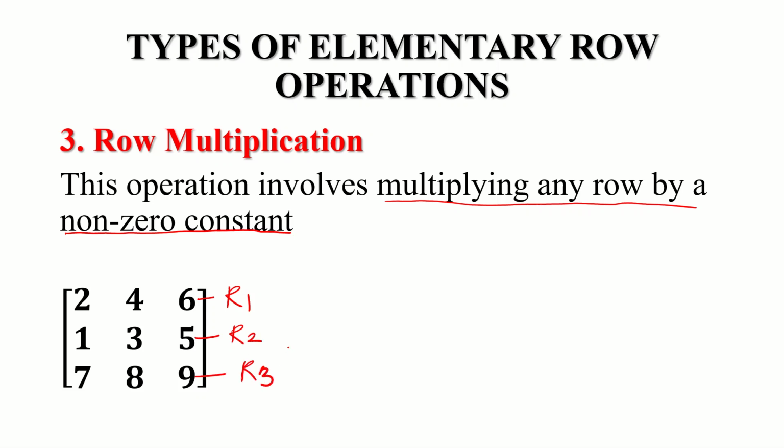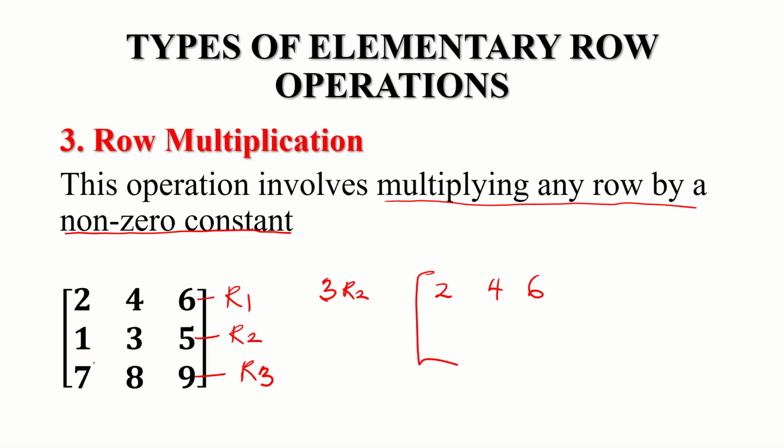Now let's assume we want to multiply row 2 by 3, and we write it as 3 times row 2. Since we are not multiplying the rest of the rows by any number, we maintain them. So we have 2, 4, 6, and then we multiply row 2 by 3.